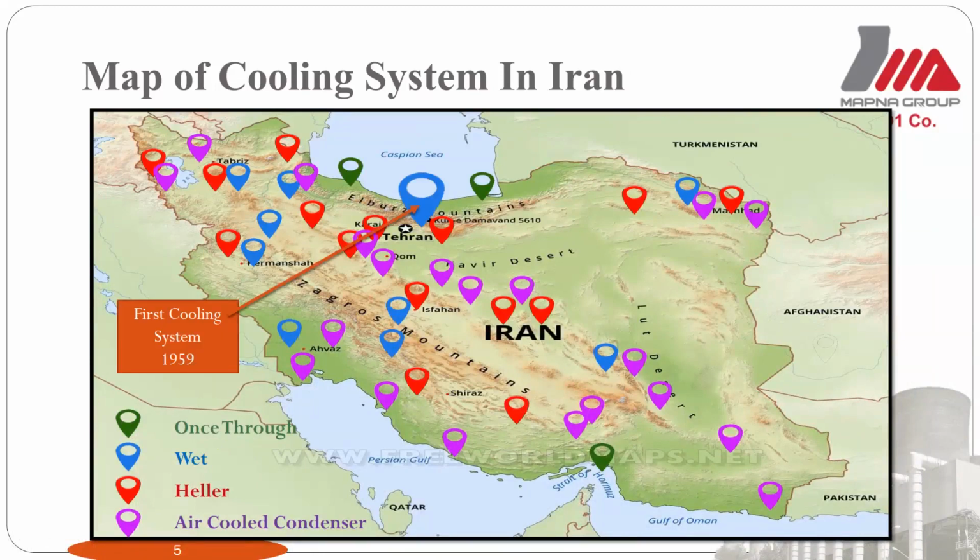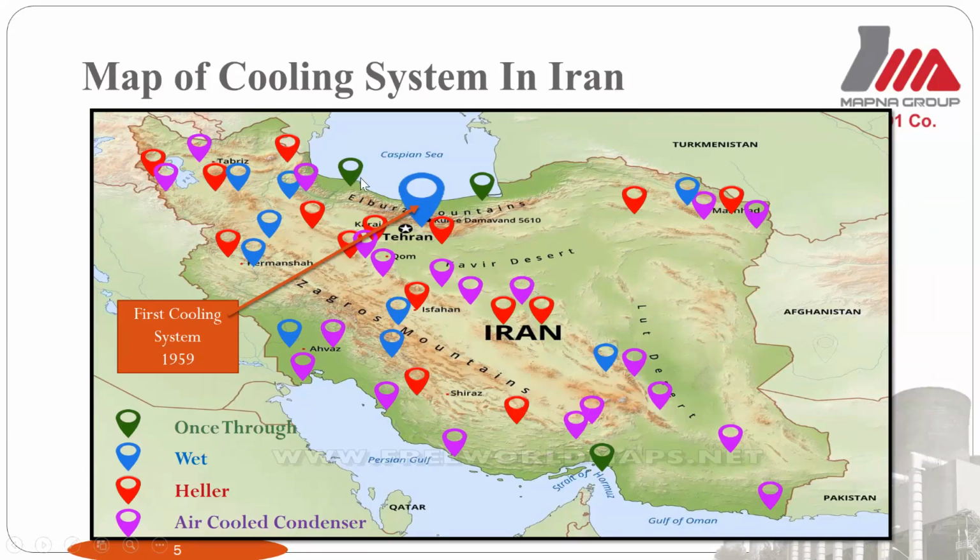Green signs are about once-through cooling systems, which are located next to the Caspian Sea at the north of Iran and the Persian Gulf at the south of Iran. One of them was built by our team, as you can see, the green sign here next to the Caspian Sea at the north of Iran.